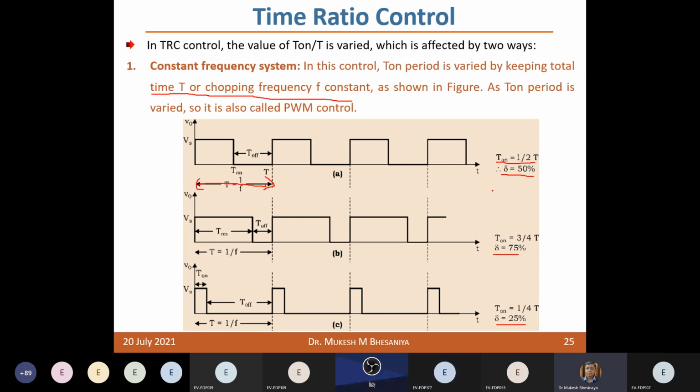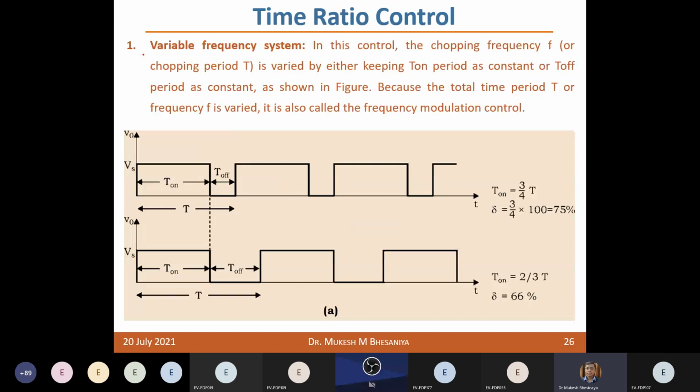Another option to change the duty cycle is to keep the on period fixed and change the frequency, right? That is another way, a variable frequency system, wherein the T on period is kept constant but T is varied. So if you vary this T, then delta will also vary, because they are dependent.